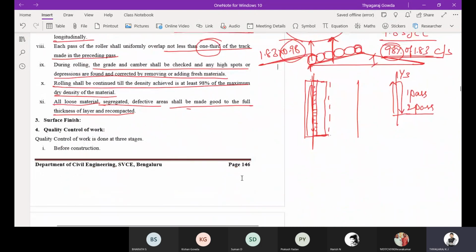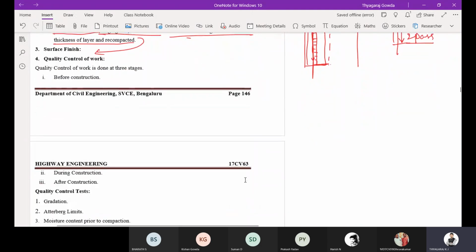Now surface finish. Again, the surface finish is already covered here. Then comes the quality control of work. There are three stages: before construction, during construction, and after construction.